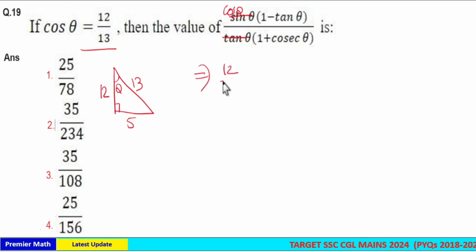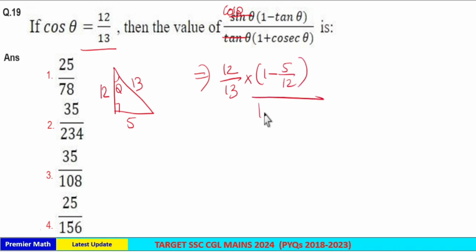So this value becomes 12 by 13 into, in the numerator you have 1 minus tan theta, which is opposite side by adjacent side, which is 5 by 12. And in the denominator you have 1 plus cosec theta, which is 1 by sin theta. Here sin theta is 5 by 13, so 1 by sin theta will become 13 by 5.